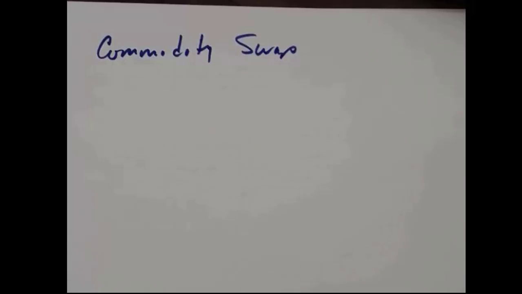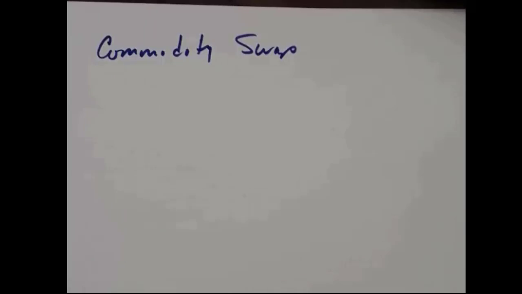If it's wheat or rice, it could be bushels. If it's gas and oil, it could be gallons. Okay? So in these cases, one party agrees to pay a fixed price for the commodity over the life, and the life is called the tenor of the swap, while another party agrees to pay a floating price. Typically, the underlying commodity is not exchanged, only the payments are netted out.